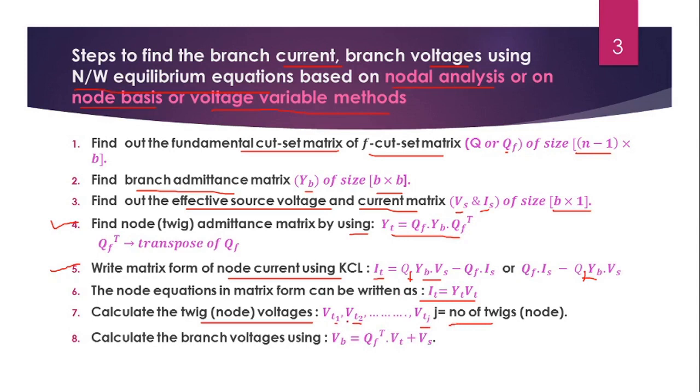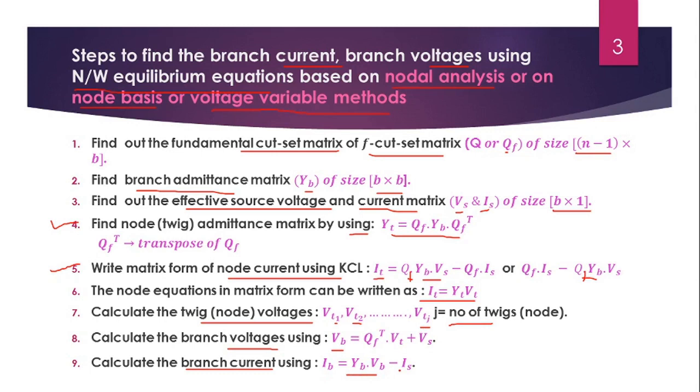Once we find these node voltages or twig voltages, we can easily find the branch voltages using the relation Vb equals transpose of cut set into Vt plus Vs. And the last step, we find the branch current using Ib equals Yb into Vb minus Is.